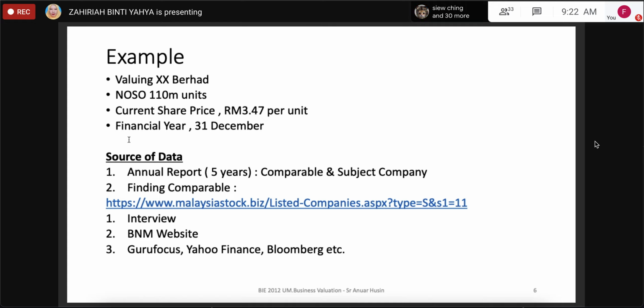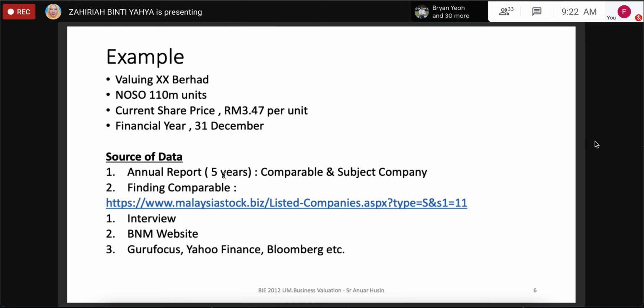Okay. Financial year, for this case is 31st December. Source of data, you know because you are doing the assignment now. You get the annual report of the subject company, for the last 5 years.